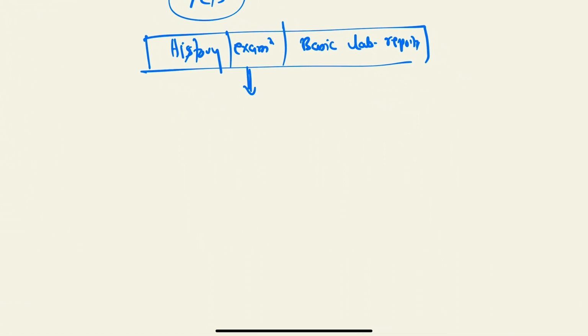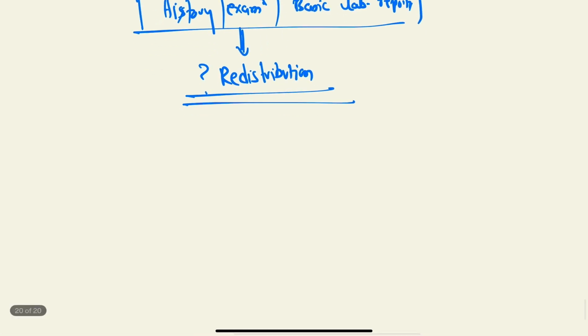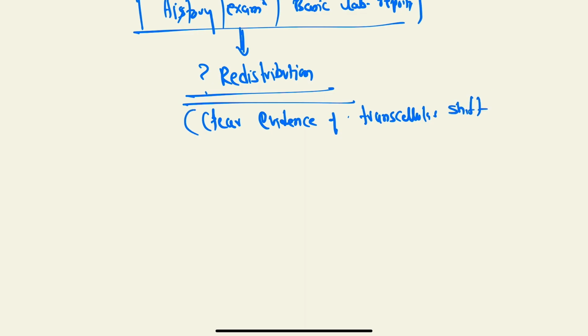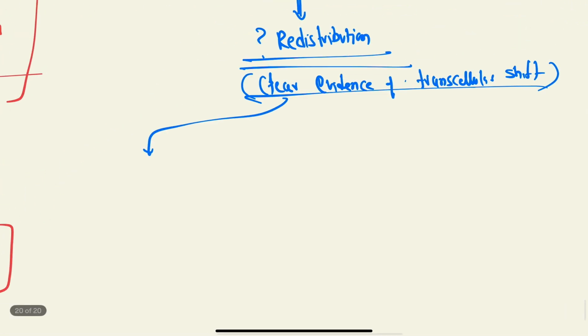First of all, we look for a clue in the history or examination of redistribution. What can the clues be? If there is clear evidence of transcellular shift, what conditions can cause transcellular shift?